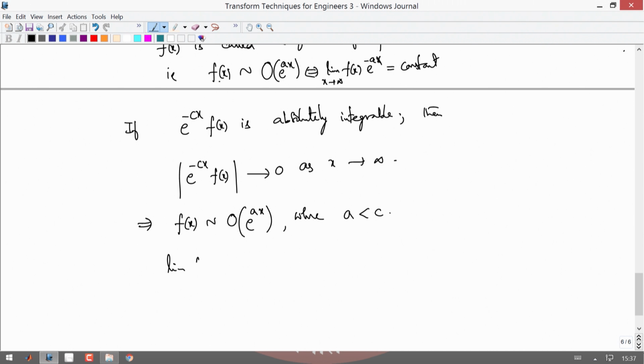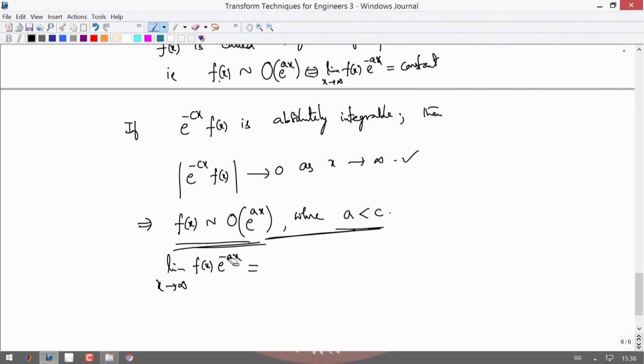So, what does it mean? F of x divided by e power ax, that is f of x times e power minus ax. If this behaves like e power ax as x goes to infinity, this has to be a constant. Okay. So, how do I convince you that this means a is less than c?